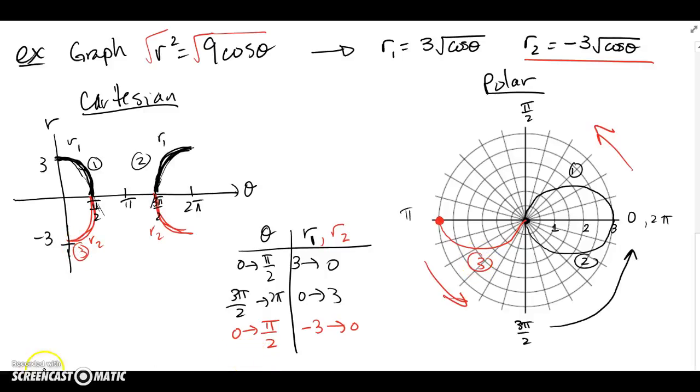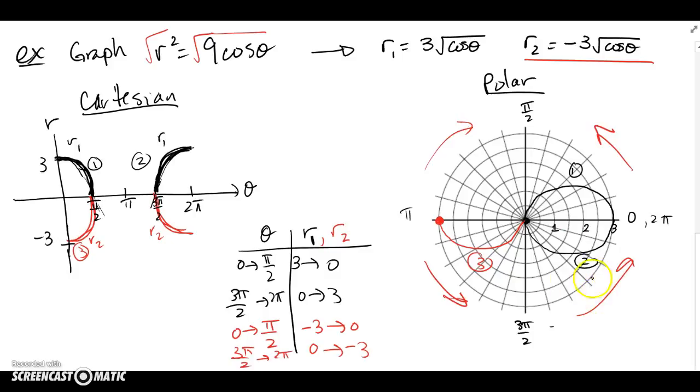And last, at 3 pi over 2 r is 0, and then it goes down to -3 when we get back to 2 pi. So now I'm sweeping from 3 pi over 2 back to 2 pi, and since r's are negative, all the action is really happening over here.